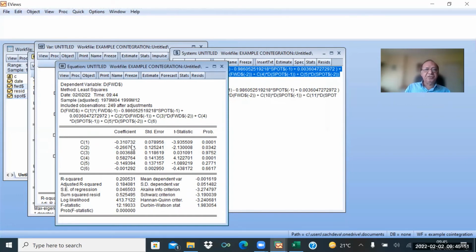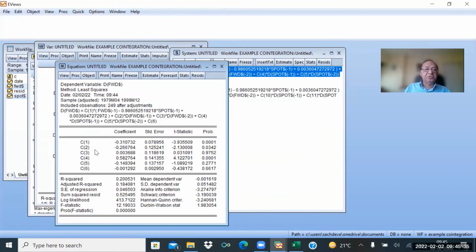Now C1 is the coefficient of the cointegrating equation. In the earlier system it was not known whether it is statistically significant or not. So we can see the probability now. It is less than 0.05, so it is statistically significant. It is negative, which means there is a cointegrating equation.